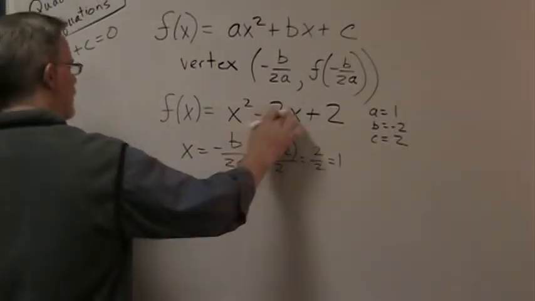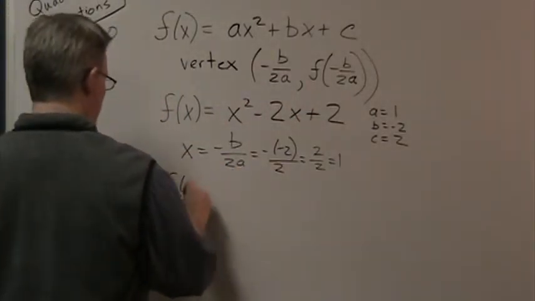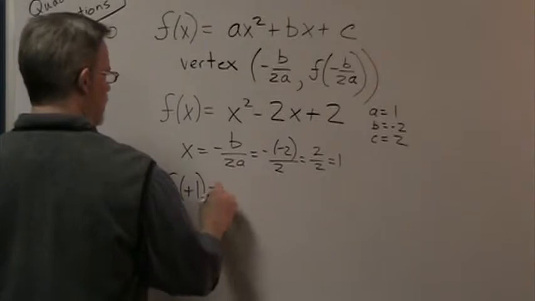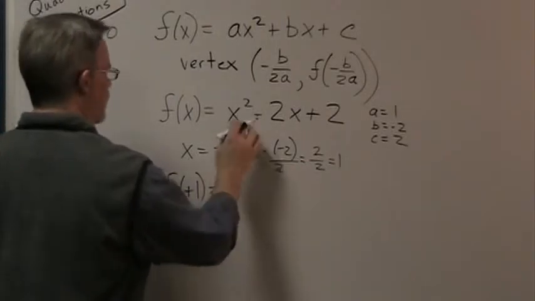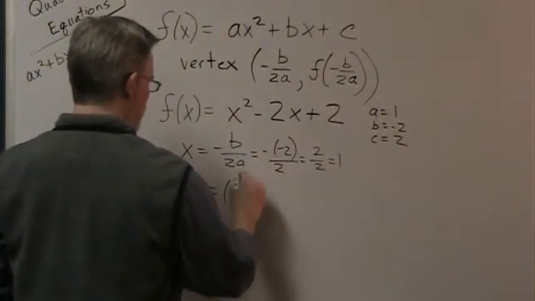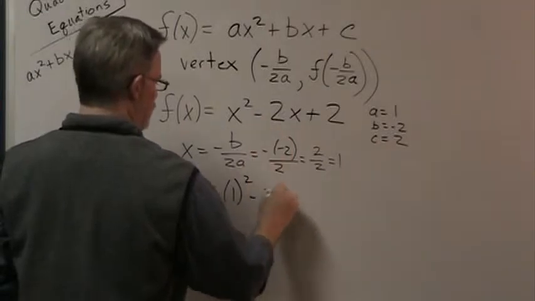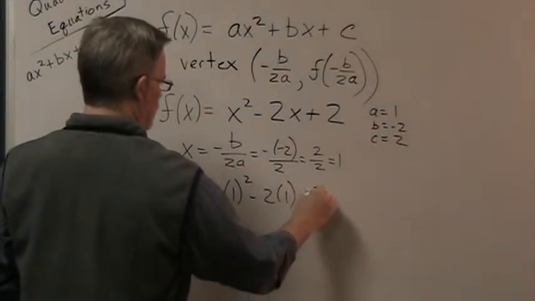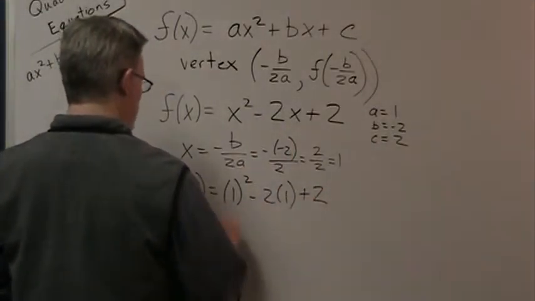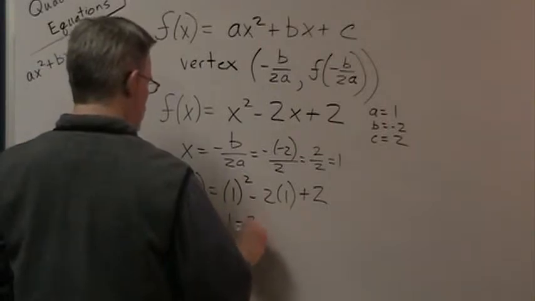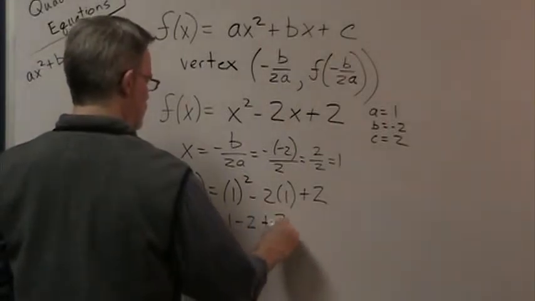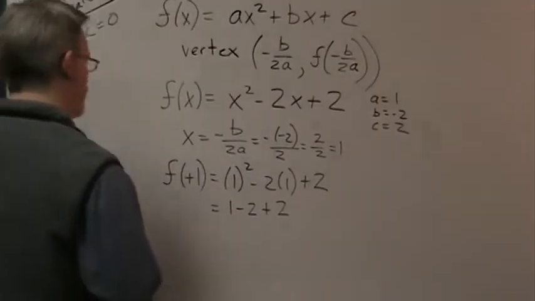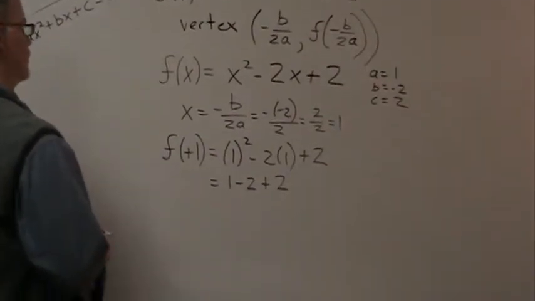Now we want to evaluate f of positive 1. If you put a positive 1 in, you get 1 squared minus 2 times 1 plus 2. So we're going to get 1 minus 2 plus 2.